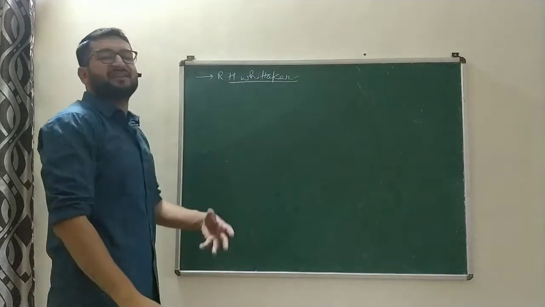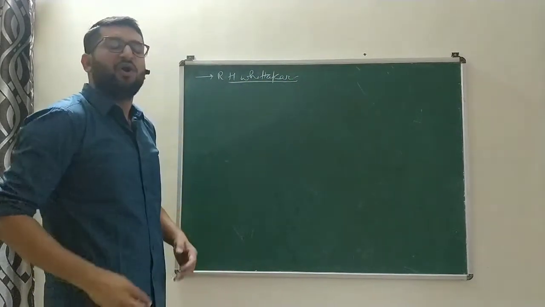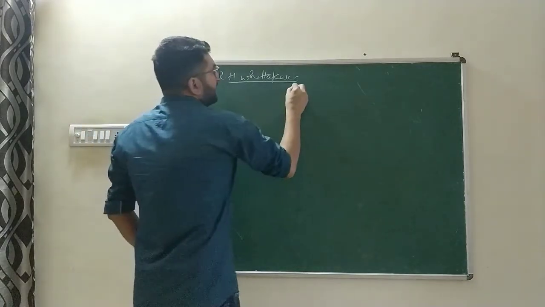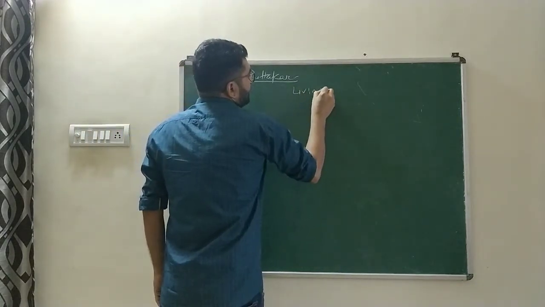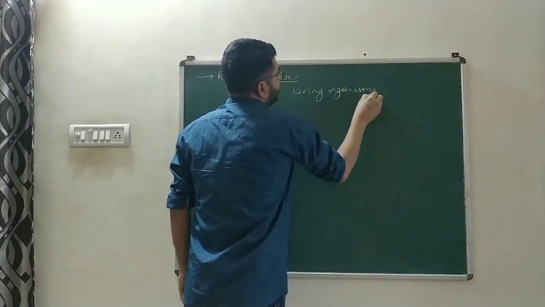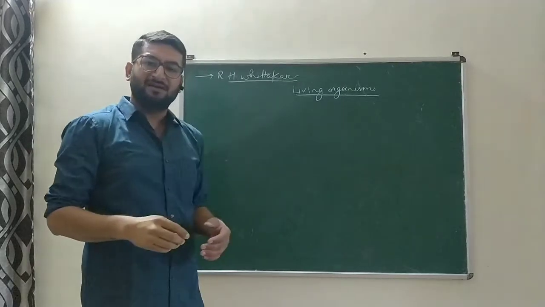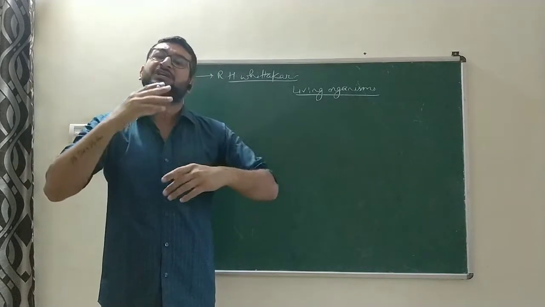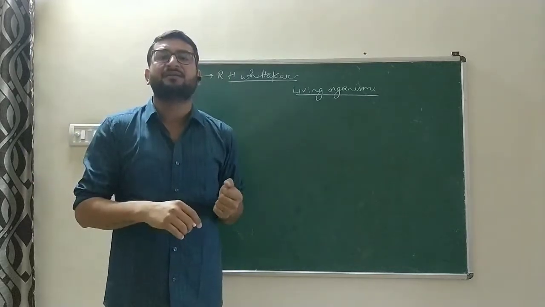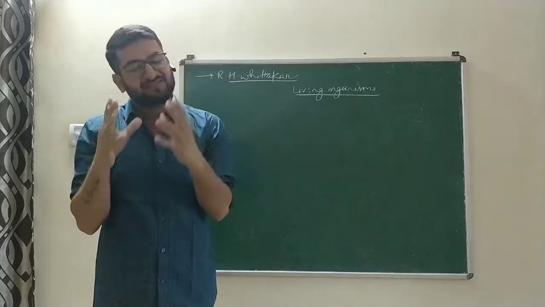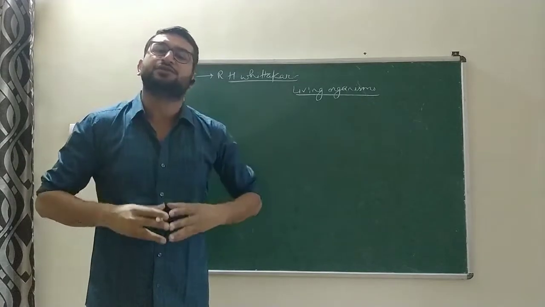He proposed it on various bases: the complexity of the cell, the complexity of the organization of the organism, presence or absence of a cell wall, as well as the mode of nutrition.